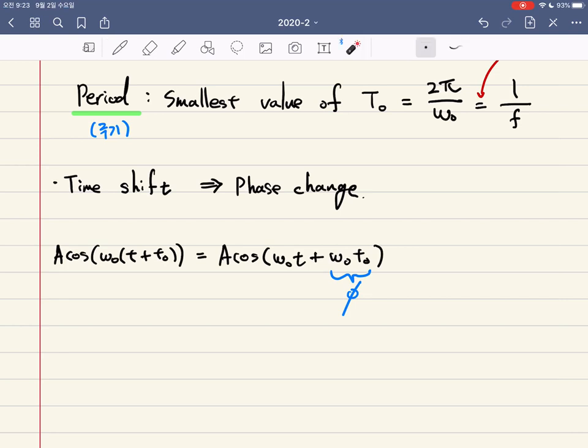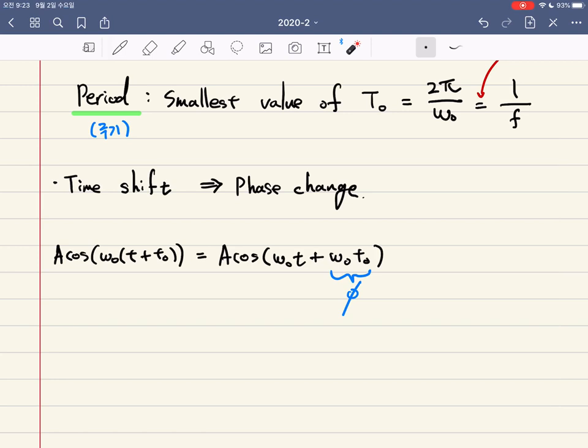In other words, shifting the time axis by an amount of t0 equals the phase change of omega 0 times t0. So it is equivalent.